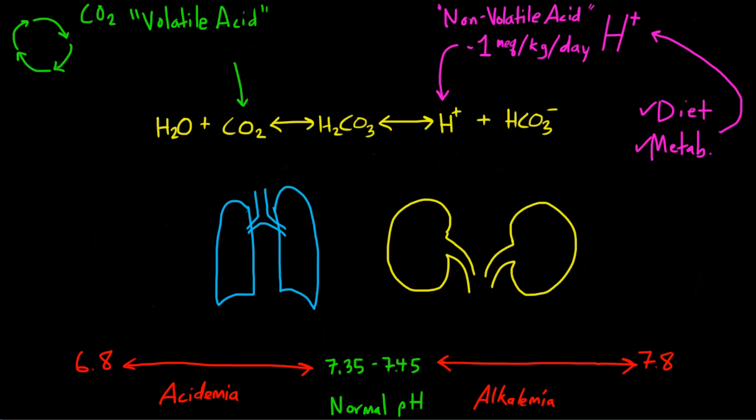It can't be breathed off like CO2, as we saw in the prior picture. This is just a consequence of being alive and eating. We estimate, and it's a good estimate, that about 1 milliequivalent per kilogram per day of this acid is produced. Imagine this amount being dumped into your body every day. And so that's coming into the equation right here.